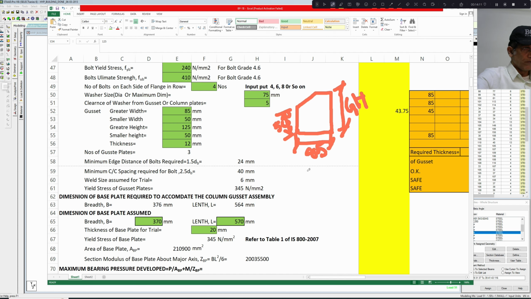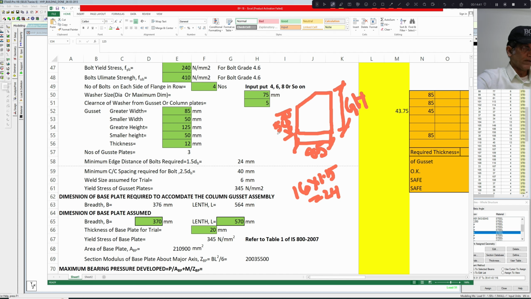So if you can see, 16 into 1.5 is 24 mm, but at least this should be twice of this.